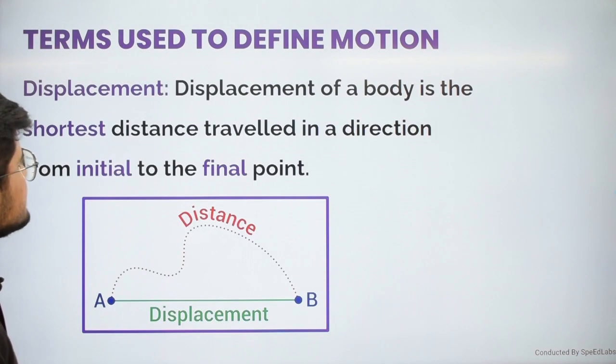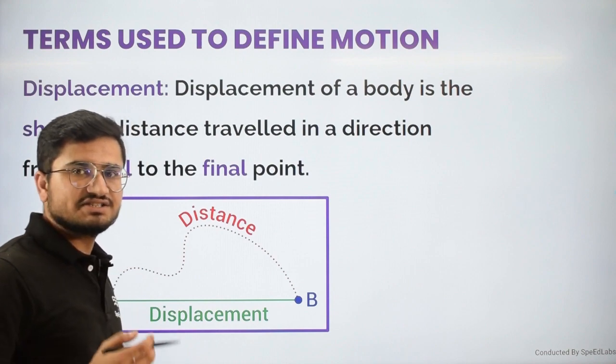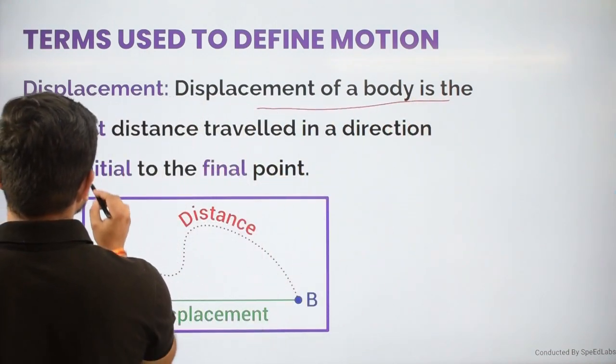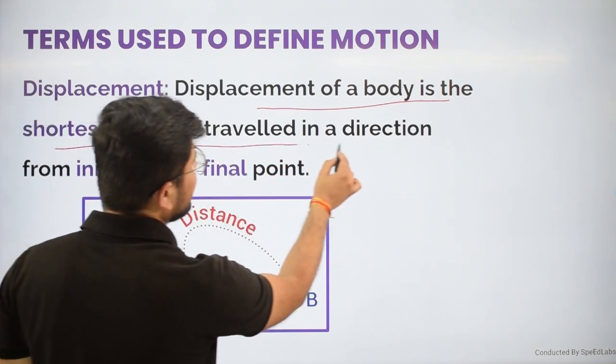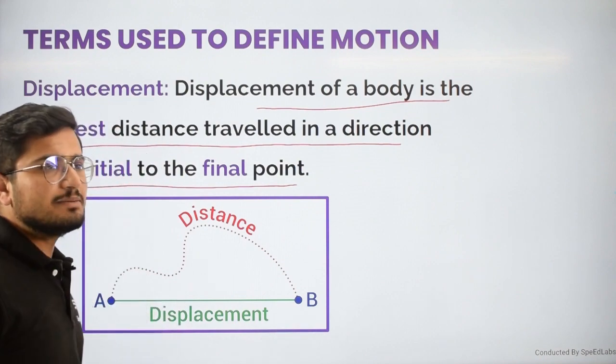Now talking about displacement. What is displacement? So let's read the statement first. Displacement of a body is the shortest distance traveled in a direction from initial to final point.